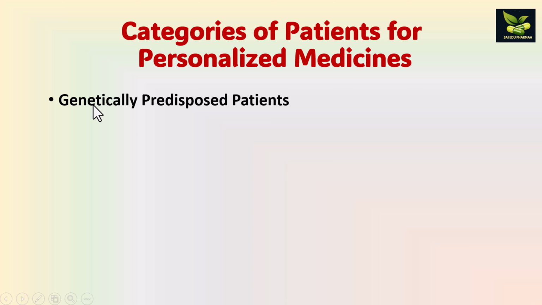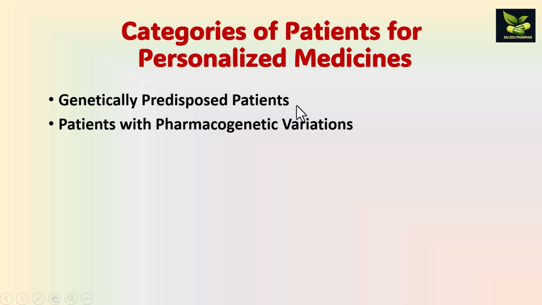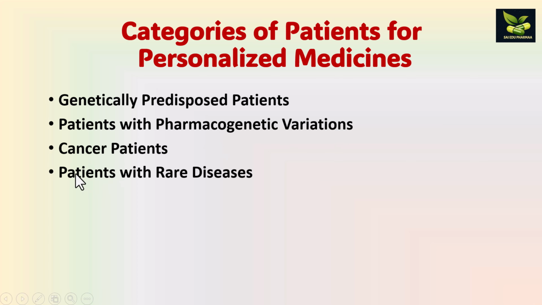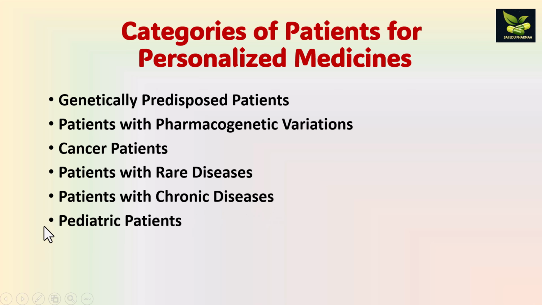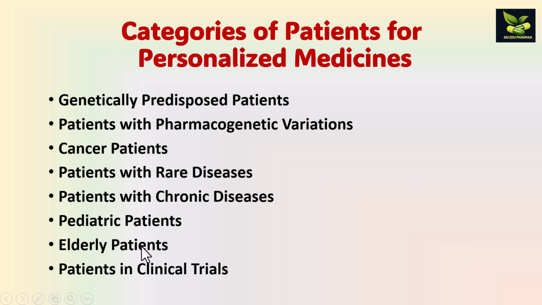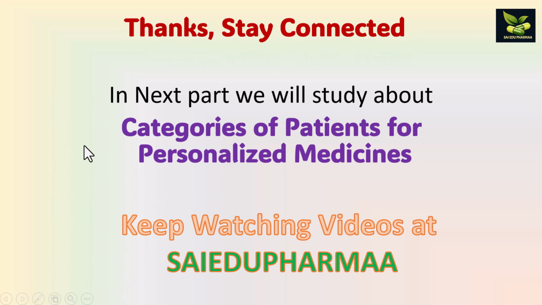First is genetically predisposed patients, then comes patients with pharmacogenetic variations, third is cancer patients, next comes patients with rare diseases, then patients with chronic diseases, then pediatric patients or children, then elderly patients or geriatric patients, and patients in clinical trials. So in the next part, we'll be studying the categories of patients for personalized medicines.